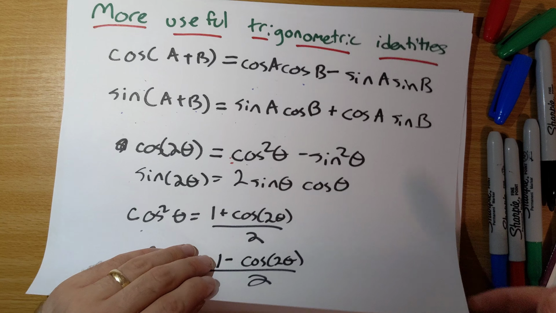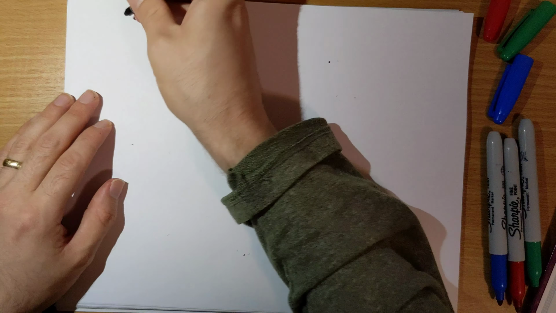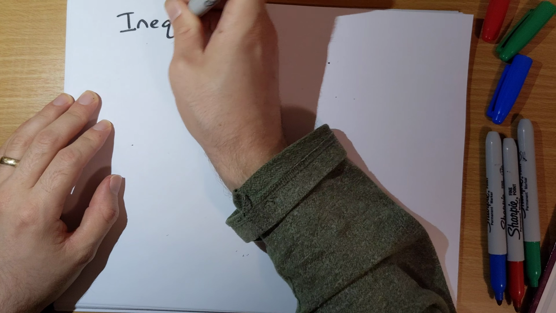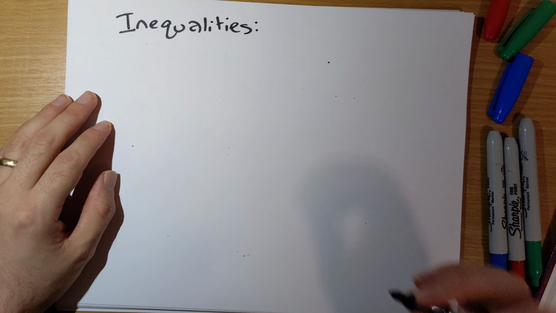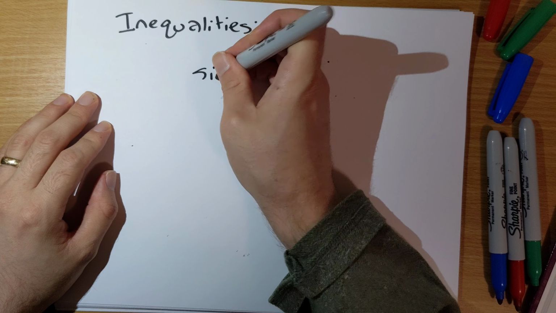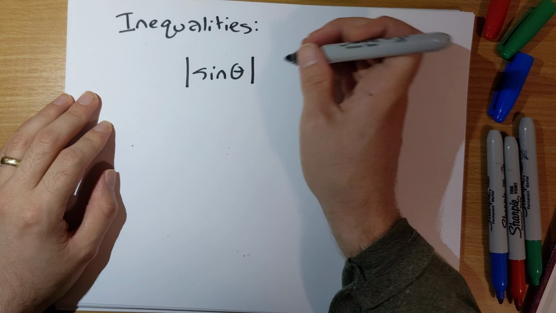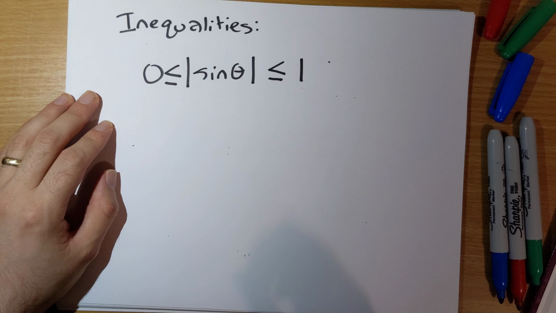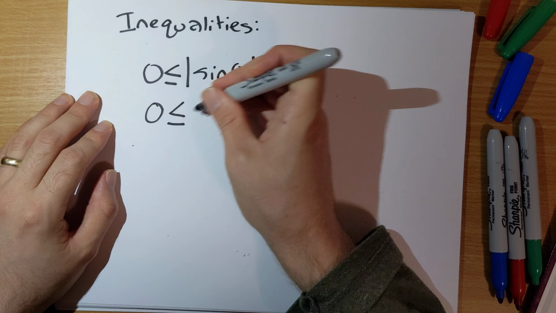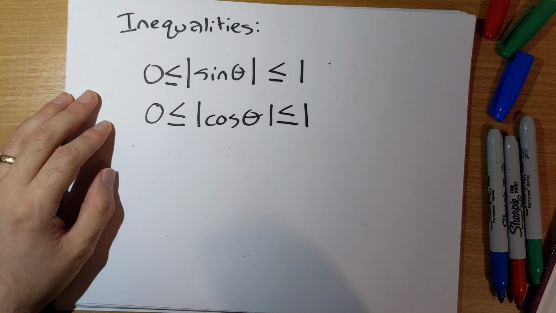Let me say one more thing here, which has to do with inequalities. It is useful to know that sine theta is always in absolute value between 0 and 1, and this also holds for cosine theta as well.